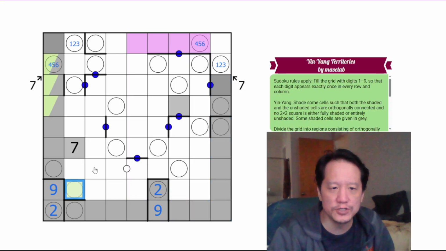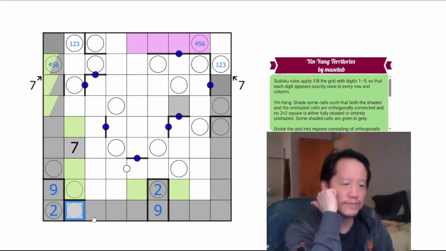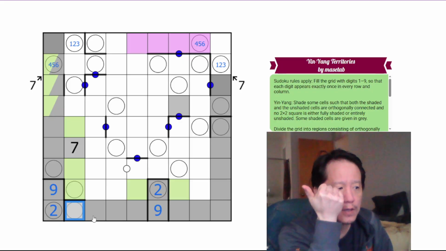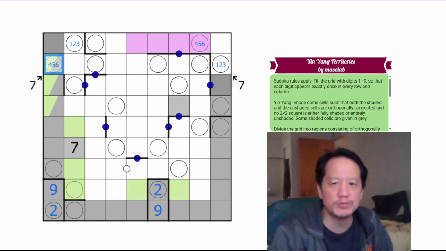This would be unshaded, unshaded, unshaded here, and unshaded here. All the region sums have to be 4 at most to add up to 11. And so this would be 4 then.